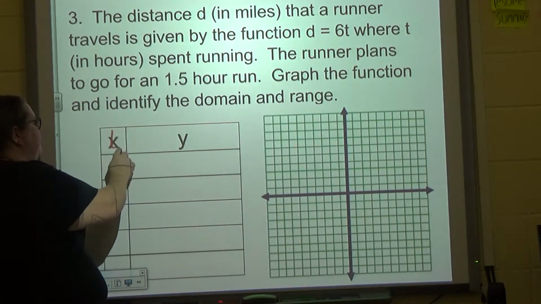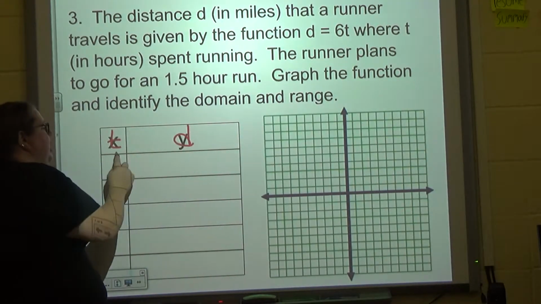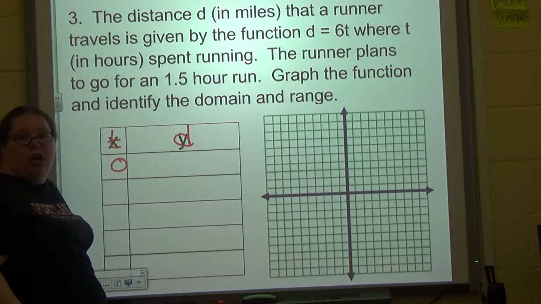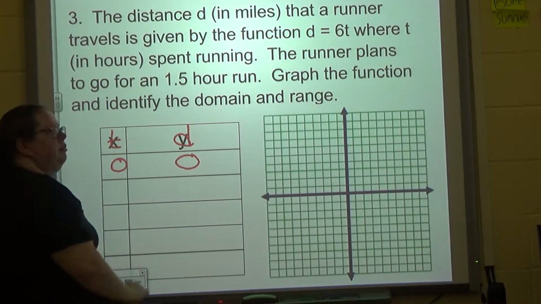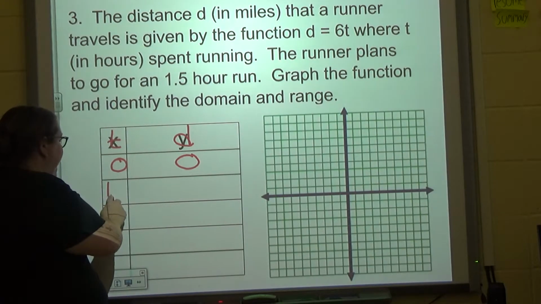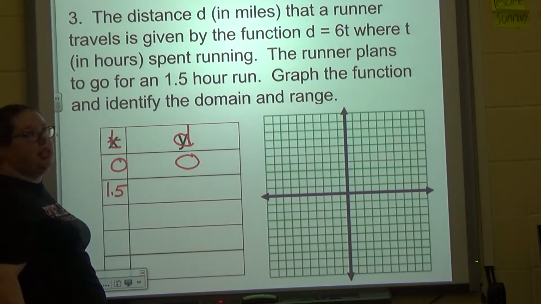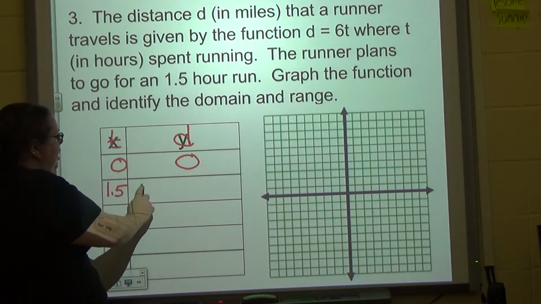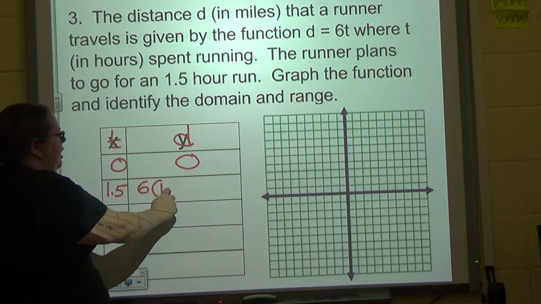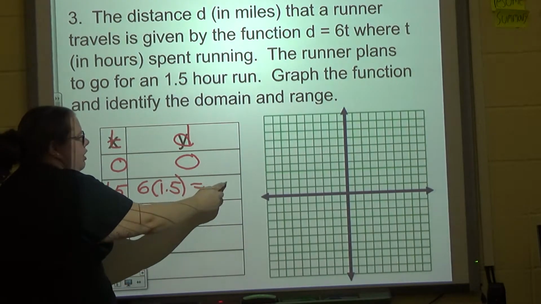This is our time, this is our distance. At time 0, how far has he gone? 0. At time 1.5, how far has he gone? Well, they gave you the equation, 6 times 1.5 equals 9.